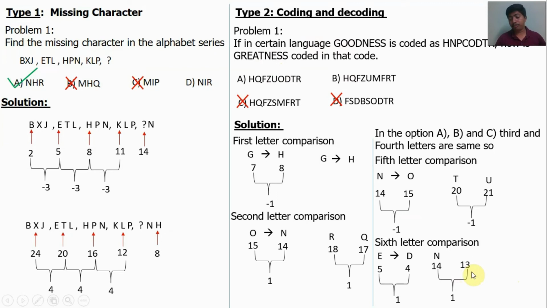The 13th position is M. The shape of M is like 3. M is 13, so the sixth letter is M. In option A, the sixth letter is O, and in option B, the sixth letter is M. So option B is correct. Option A is wrong.